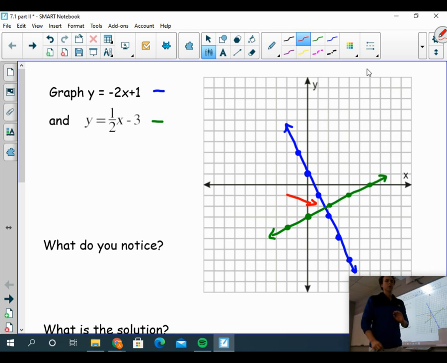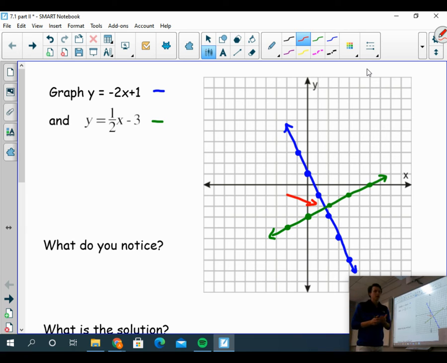And again, we're going to learn how to do that in 7.2 and 7.3. Okay, this is where graphing can fall short. When your solution is an integer, it's a really nice, neat, quick way to solve a system. That also provides a great visual.